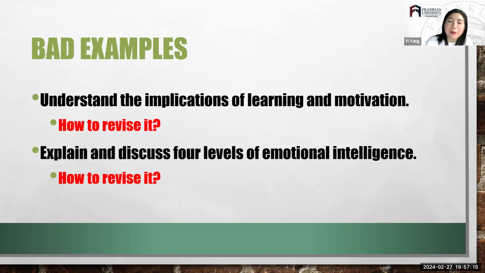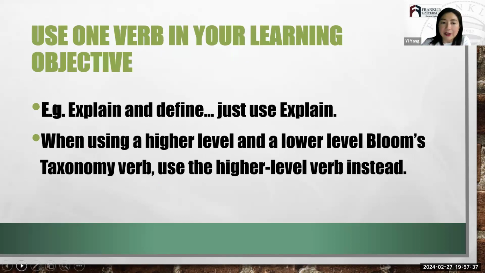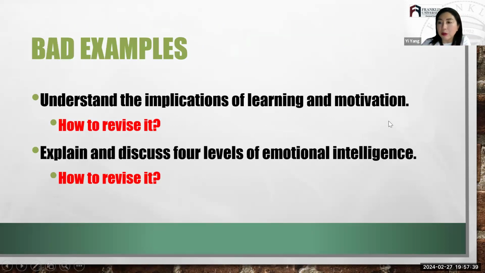Okay, I think Curtis probably stepped away. Great. Remember earlier, we talked about the verbs we should avoid. Understand is a fuzzy verb. It's not measurable. You can't measure understanding the implications of learning and motivation.